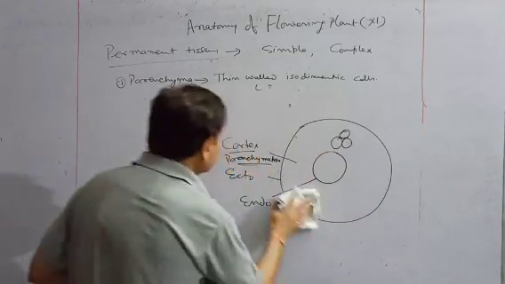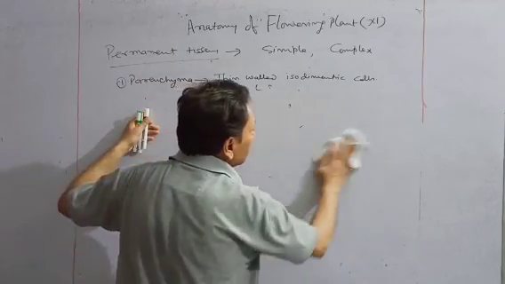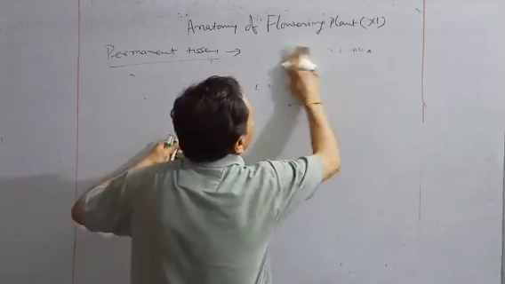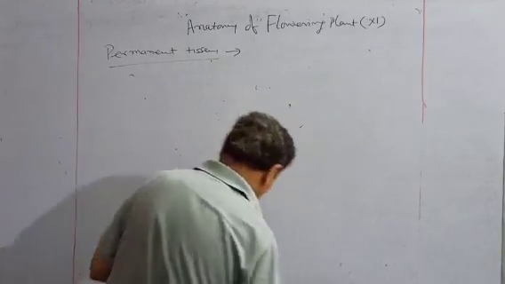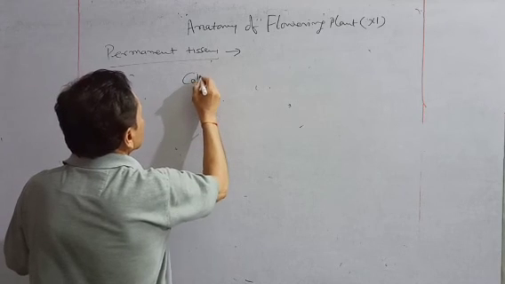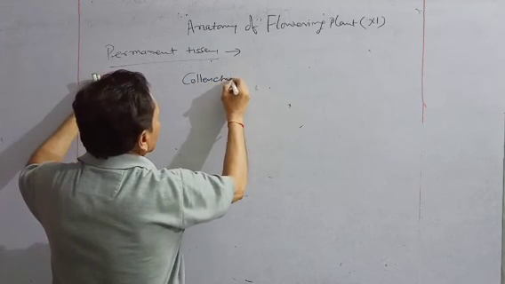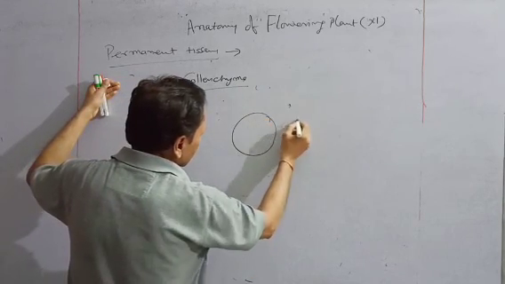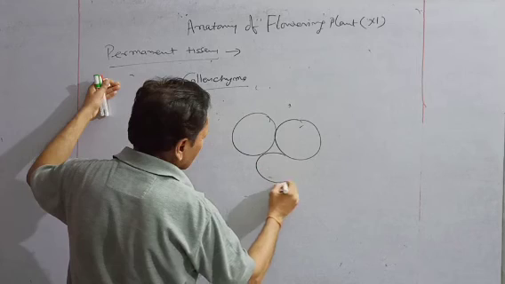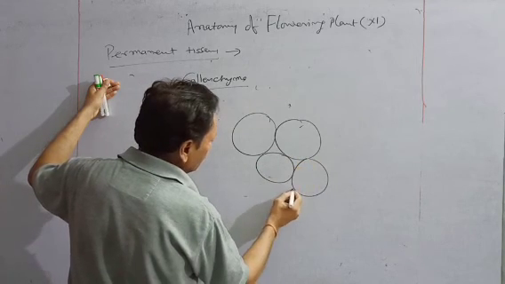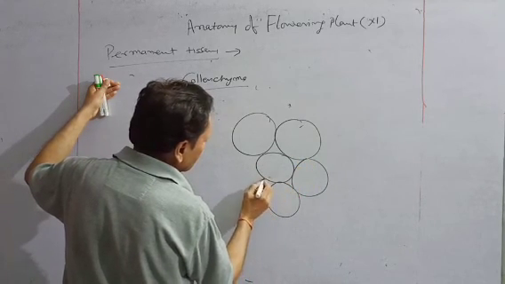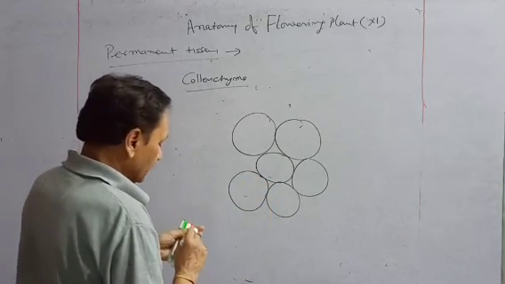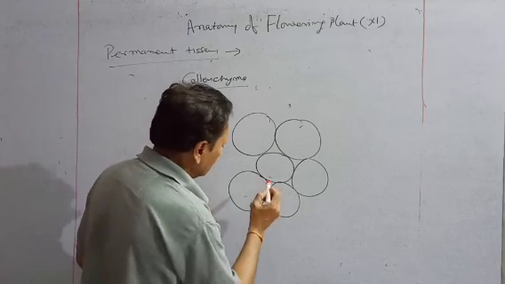Now, collenchyma. This is the second type of the simple permanent tissue. It is also thin walled. But it has been observed that to do their work, it has certain depositions in the corner.